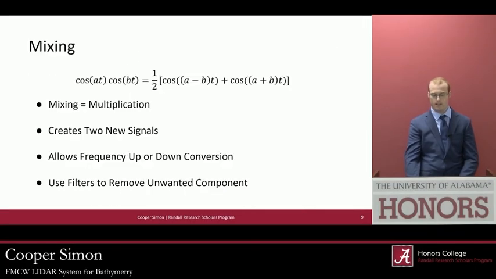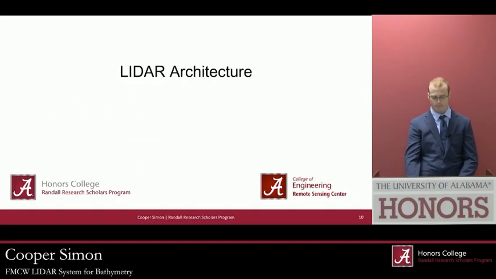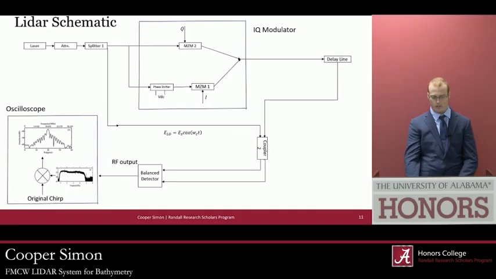Mixing is the multiplication of 2 cosine signals to create 2 new signals at the sum and difference of their frequencies, and it allows frequency up or down conversion, and you just use a filter to remove the unwanted component. So the LIDAR architecture is the laser is split, and half of it goes into something called an IQ modulator, which mixes the laser with the frequency waveform.